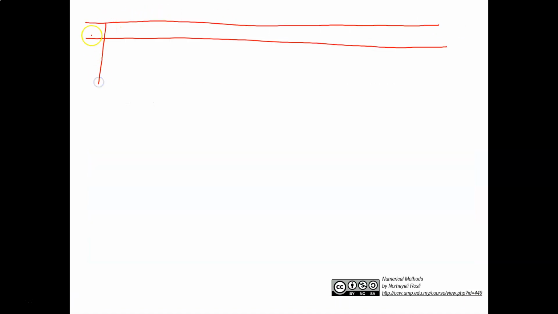For the first column, we put here I. I means that iteration. We have first iteration. For the first iteration class, we need to put here XL and then we have XU, XR. Okay, and then we have the next one is function of XL, function of XU, and also function of XR.